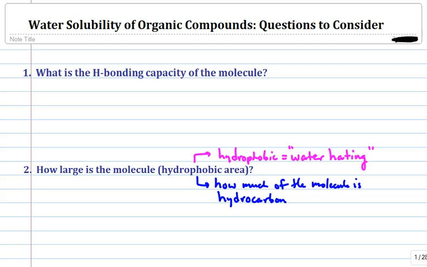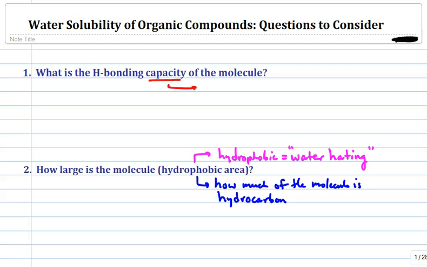Luckily, we've got some what I would call guiding questions to help us make this very important ranking. The first question you should ask about each of the molecules is, what is the hydrogen bonding capacity of the molecule? Now, what is hydrogen bonding capacity? Well, we already know this, I believe.